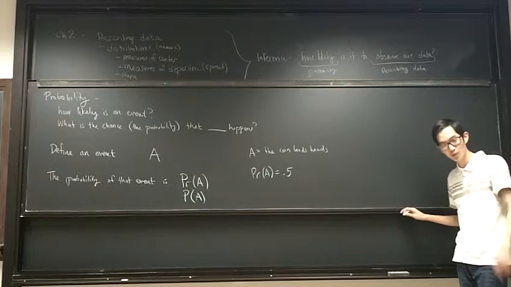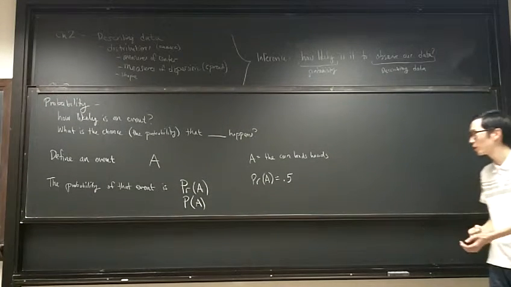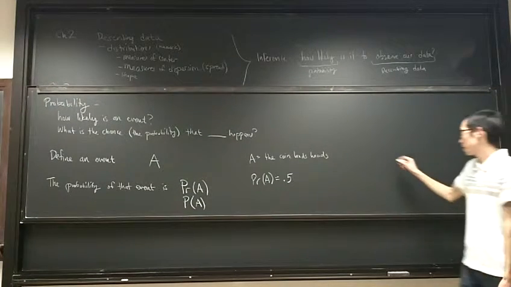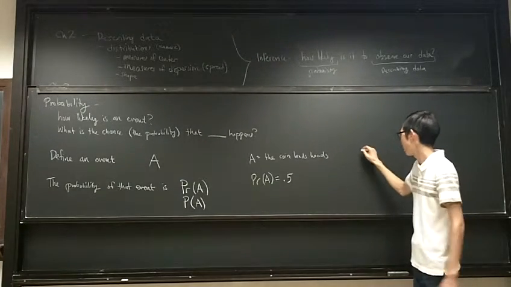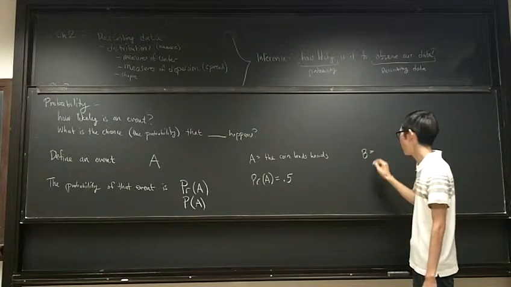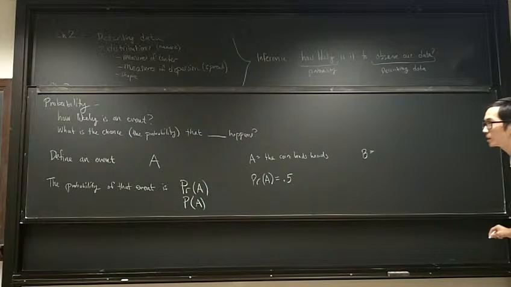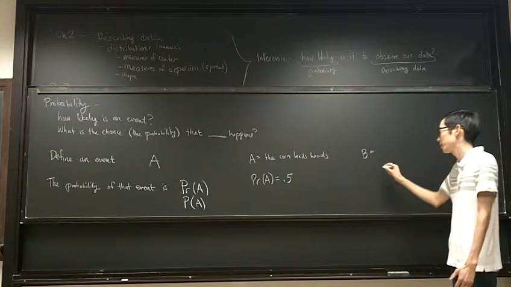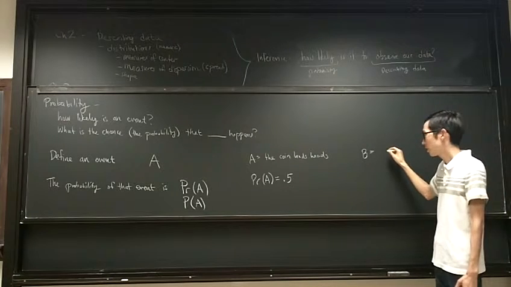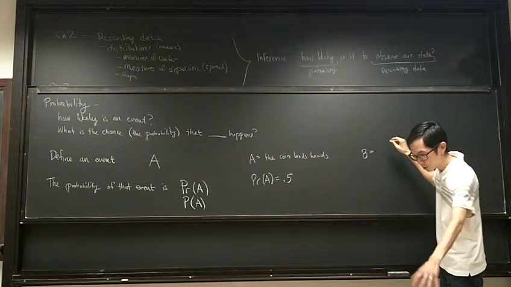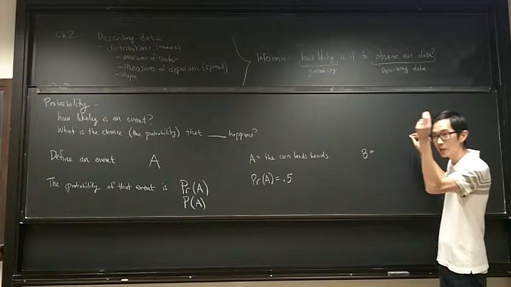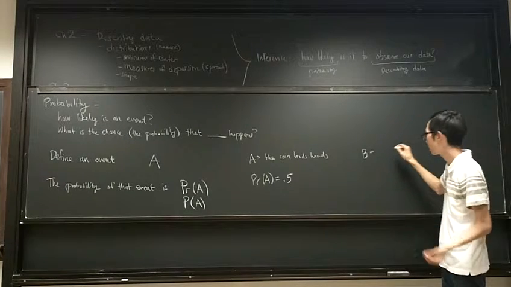Sometimes students, their notation gets sloppy. Or it could be, you pick any other letter, okay? B could be the event that I reach into the bowl of M&Ms and I pull out a blue M&M.